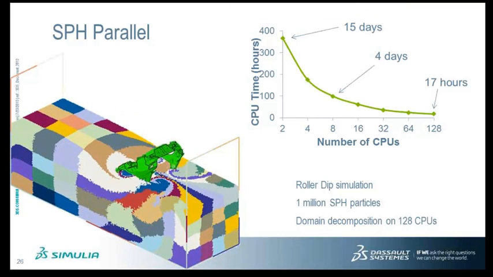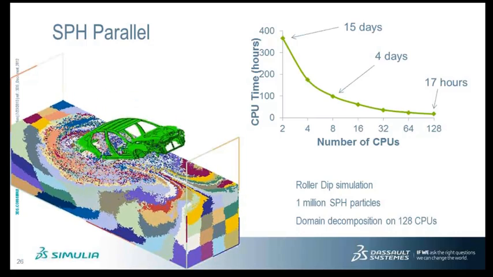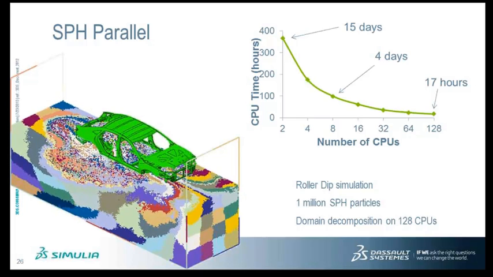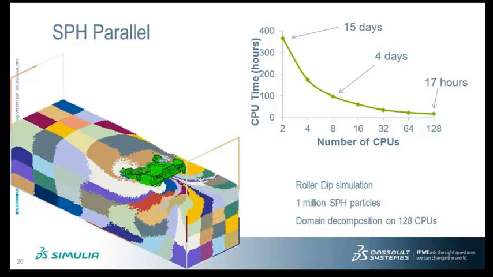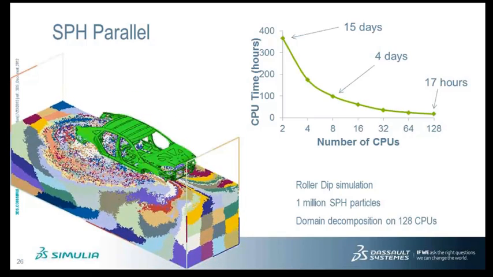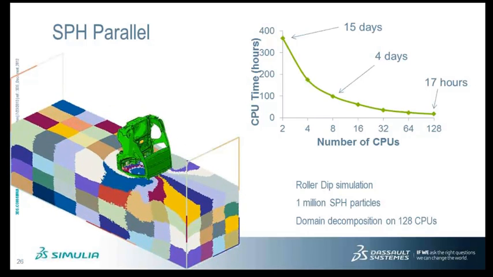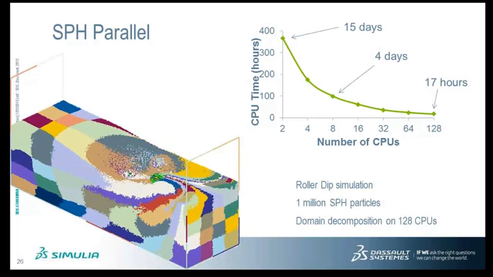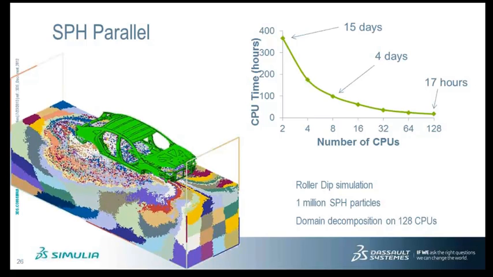This is really designed to simulate the loads that a body in white would undergo as it's being dipped through a fluid. The colors of those different cubes that you see in the SPH domain are the initial domain decomposition of the SPH elements, just to give you some idea of how the particles move around.